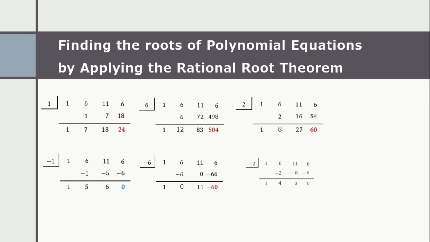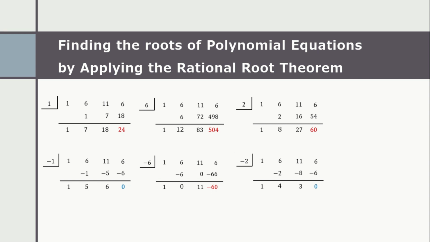Let us try negative 2. Again, following the steps in the synthetic division, we write the coefficients. We have 1, 6, 11, and 6. Bringing down the leading coefficient, which is 1. Then 1 multiplied to negative 2 will give us negative 2. Then 6 plus negative 2 is equal to 4.